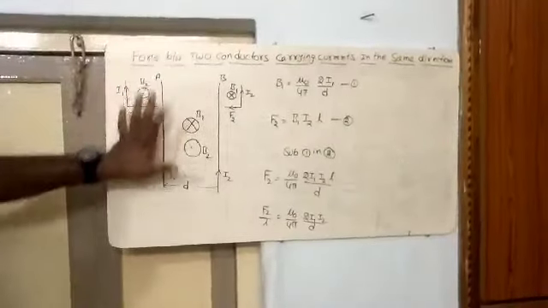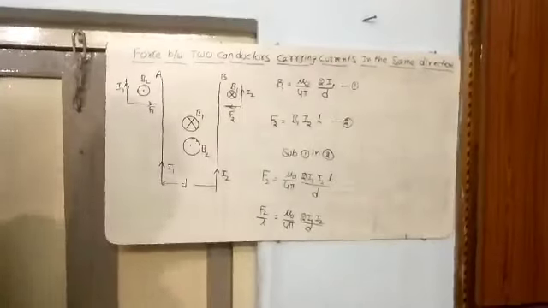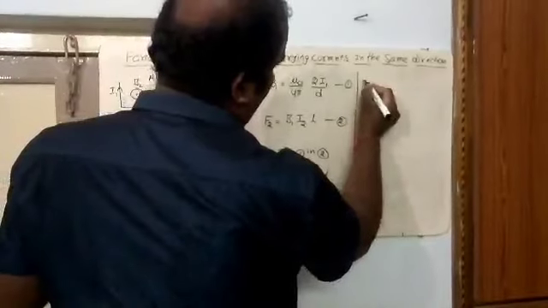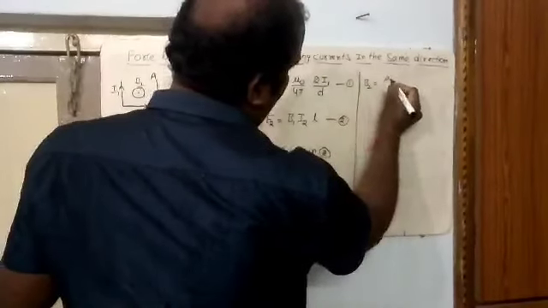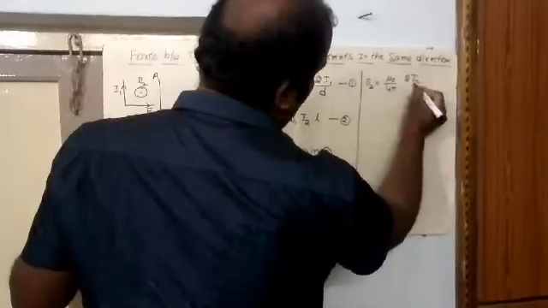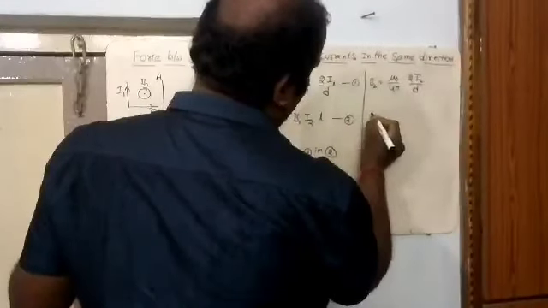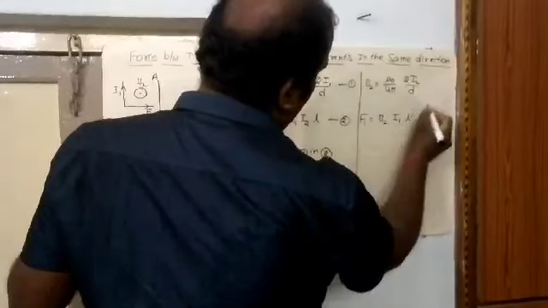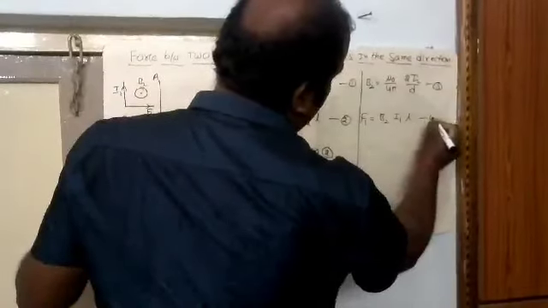Now similarly I can construct the equation. B2 is equal to mu naught by 4 pi into 2 I2 by D, and similarly F1 is equal to B2 I1 into L. This is 3 and this is 4.